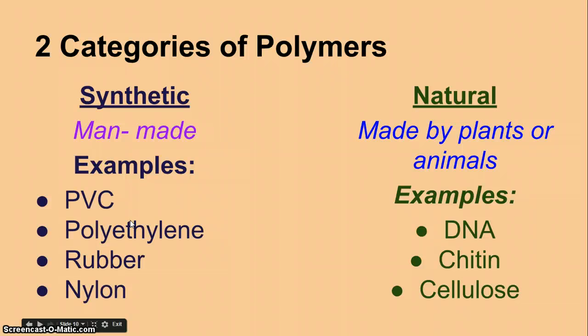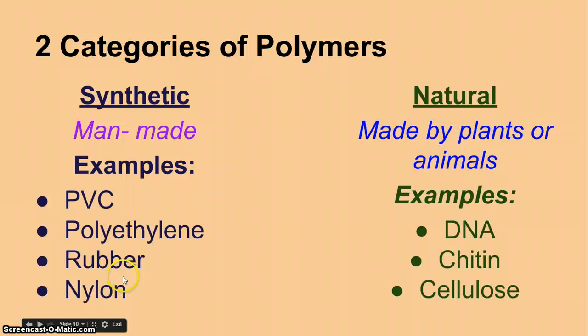We have two categories of polymers. We have synthetic, where synthetic means man-made. PVC, like PVC piping. Polyethylene, this is plastics. All plastics are polymers. You use plastics every single day. If you're writing with a pen or a mechanical pencil, you are using polymers right now, you're using plastic.